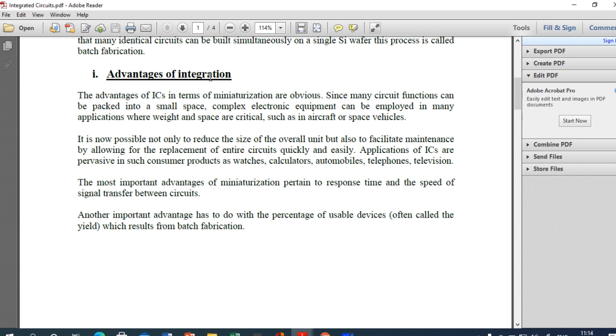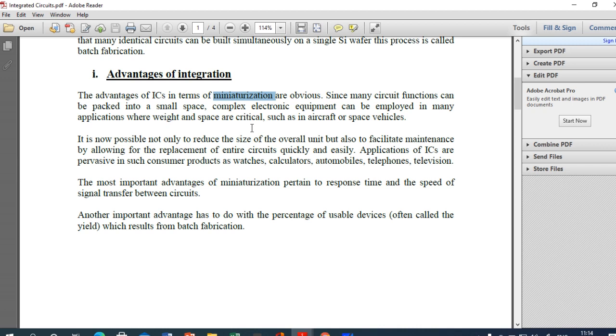When it comes to integrated circuits, we use one term, called miniaturization. This miniaturization means integrated circuits are very small in size compared with other technology, like analog circuits. Analog circuits are very large in size, and it is very difficult to transport them from one place to another.